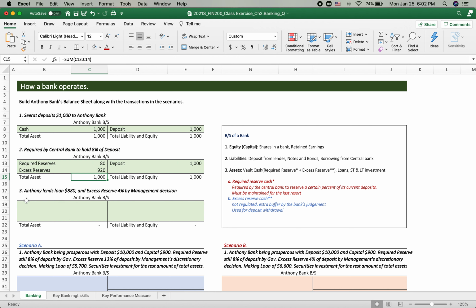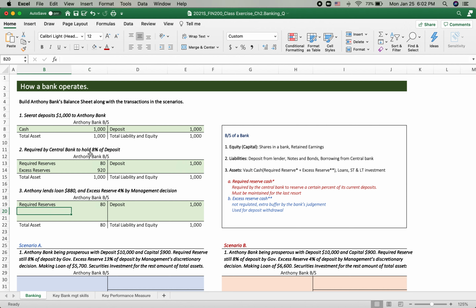Now number 3, Anthony Bank lends a loan out of this 920, 880, and the excess reserve is now 4% by the management decision. Okay, now deposit, which is the same amount, $1,000. Out of this $1,000, the required reserve never changes regardless of how much the bank makes in loans or excess reserve. So always the same percentage of deposit, 8% of deposit.